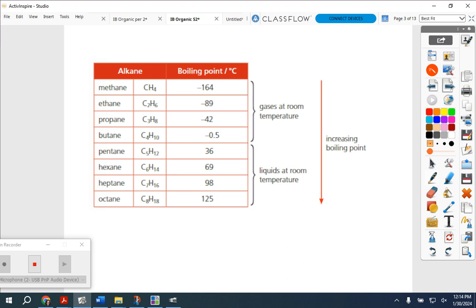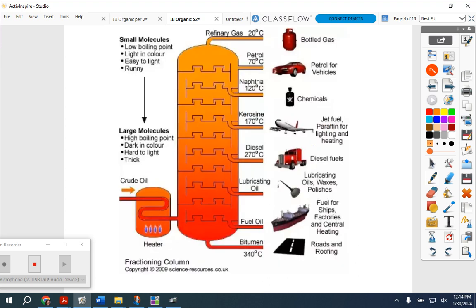But this becomes really important for things like refining crude oil. This is a schematic of a fractionating column in an oil refinery where they pump in the crude oil and heat it, and the lighter stuff becomes a gas sooner and pops off at the top of the fractionating column.